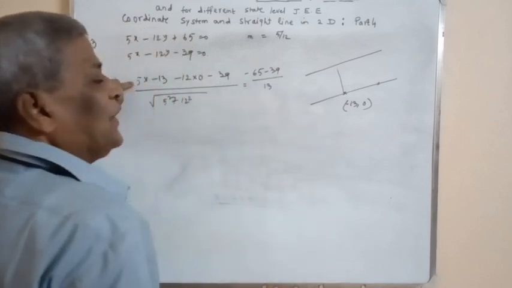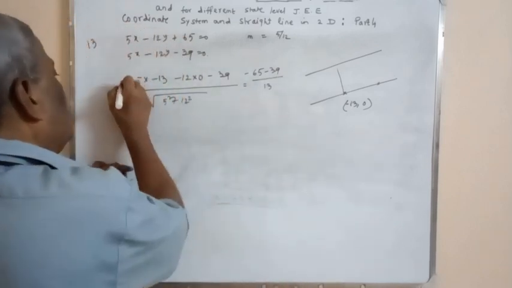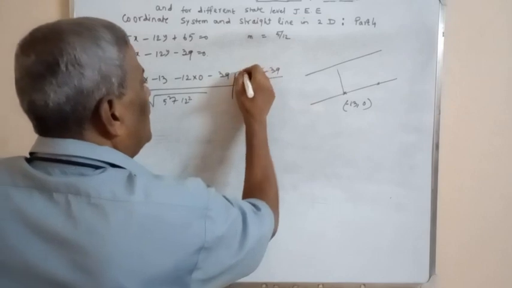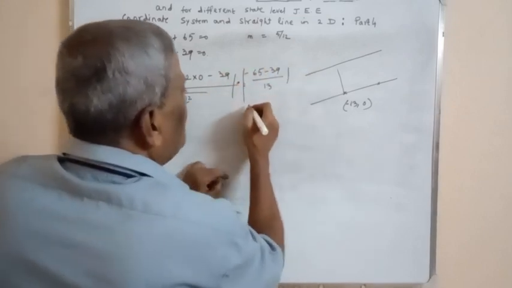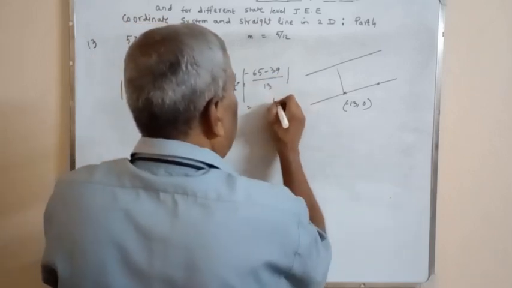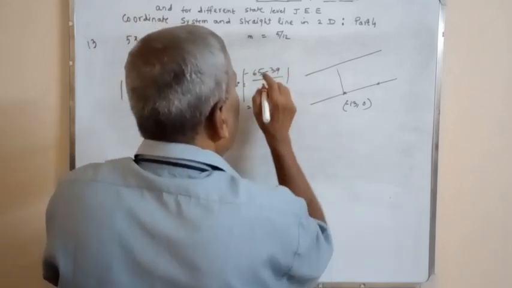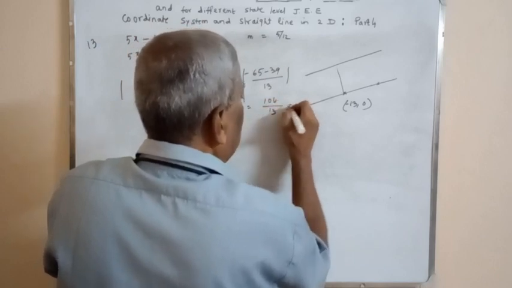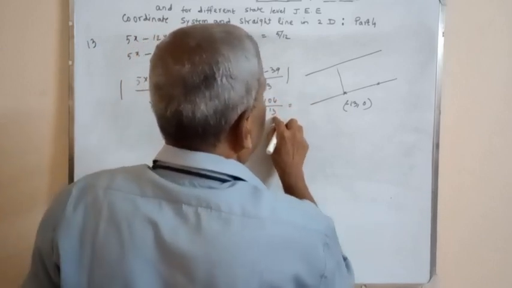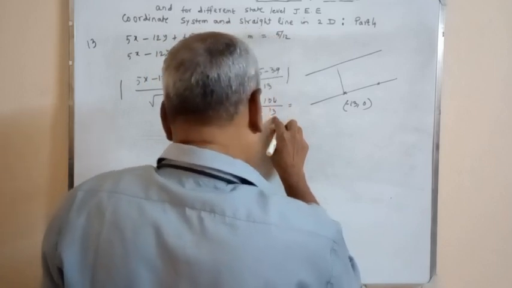Now distance cannot be negative. That's why we have to give one modulus sign. So it is equal to 104 by 13. It is equal to 8.